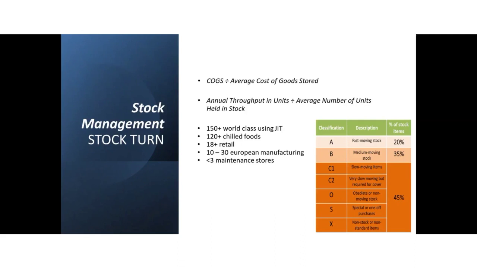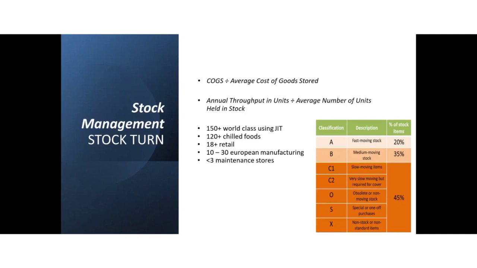A quick and easy way to be sure whether there is some excess or slow-moving stock in the warehouse is to calculate the stock turn. There are two formulas we provide here: cost of goods sold divided by the average cost of goods stored, or annual throughput in units divided by the average number of units held in stock.